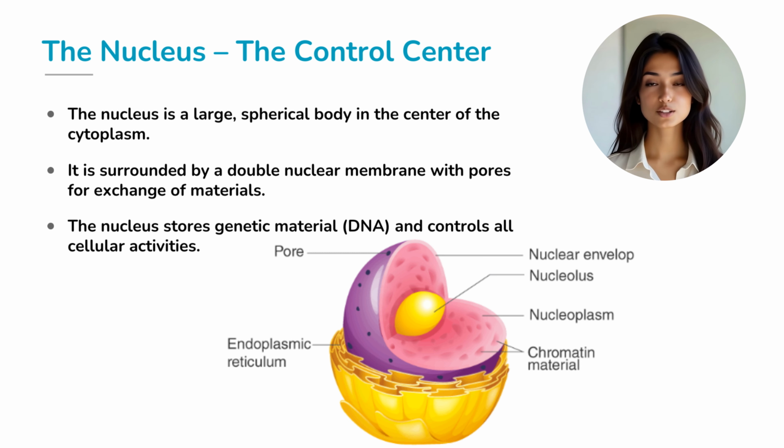You'll also notice a fine thread-like network in the diagram. This is the chromatin. During cell division, chromatin condenses into chromosomes, which we'll explore next. Most importantly, the DNA, our genetic material, is stored safely inside the nucleus. It carries the instructions for building and maintaining life.